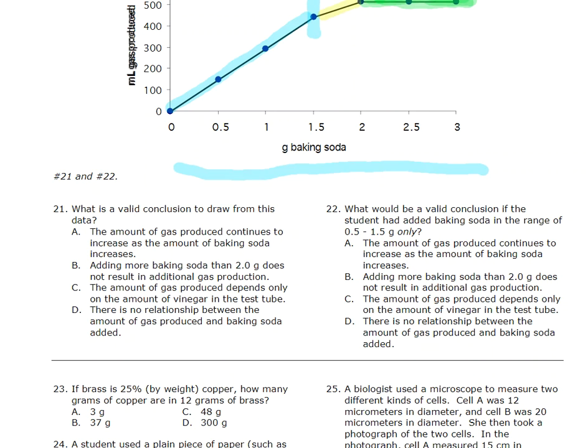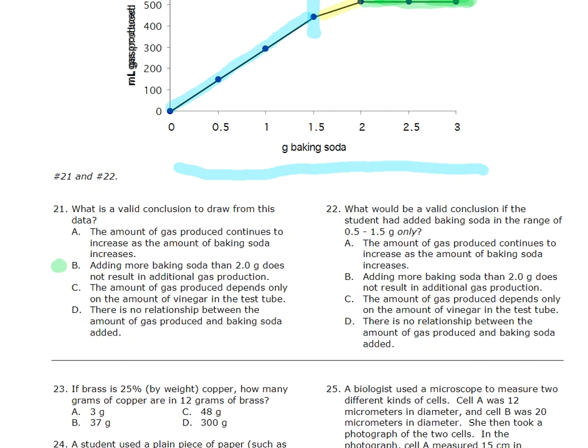Adding more baking soda than 2 grams does not result in additional gas production. Kind of true. The amount of gas depends only on the amount of vinegar. No. And there's obviously clearly a relationship. So B is the correct answer there. Number 22.